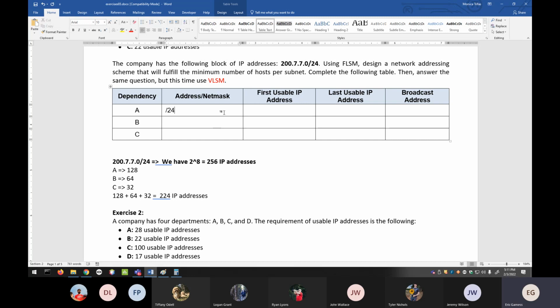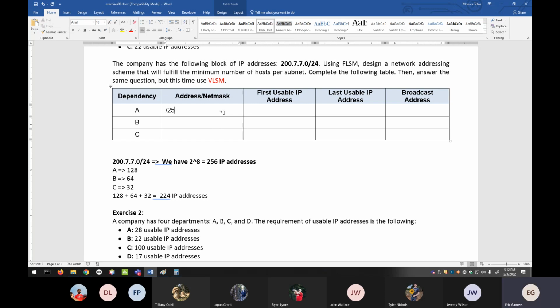So what will be smaller than /24? /25. If I give A a /25, how many IP addresses do I give to A? 128, correct. It will be 2 to the power of 7, because how many host bits do we have? 32 minus 25, and 32 minus 25 is 7. So it has to be a /25.